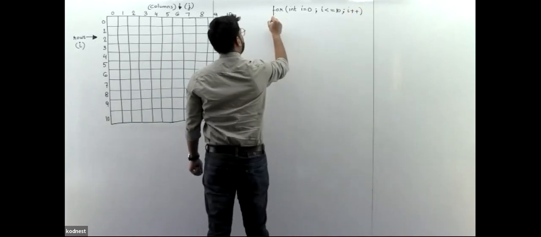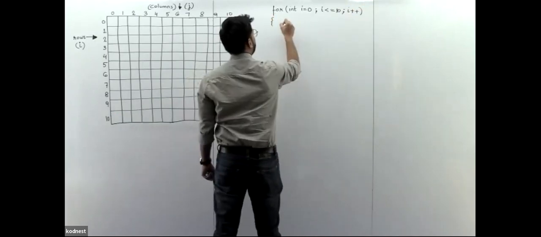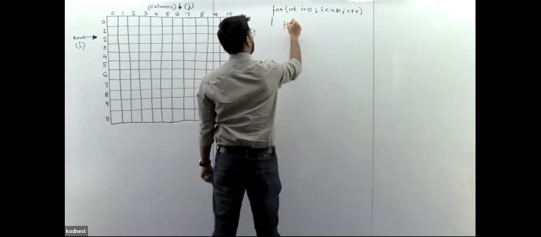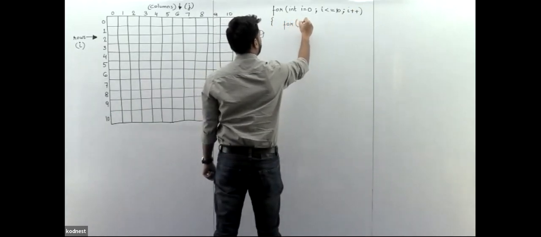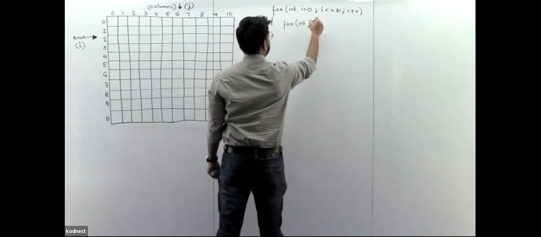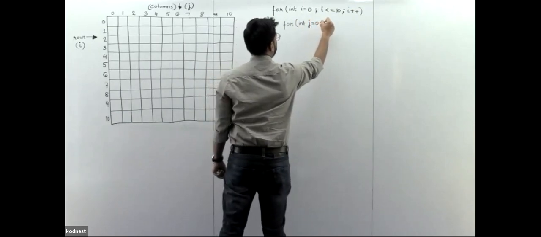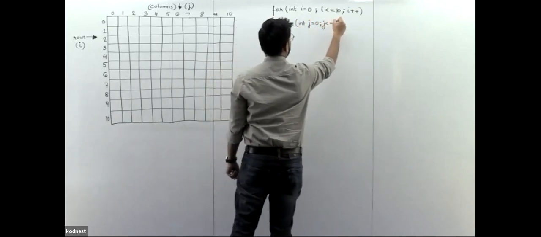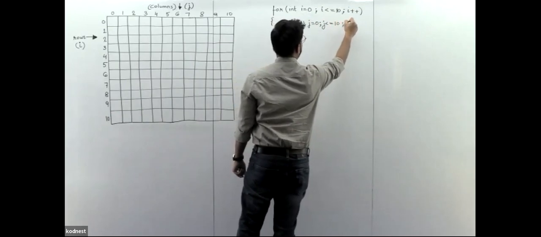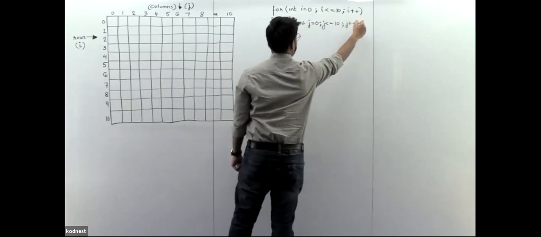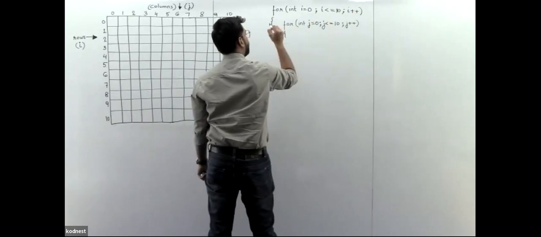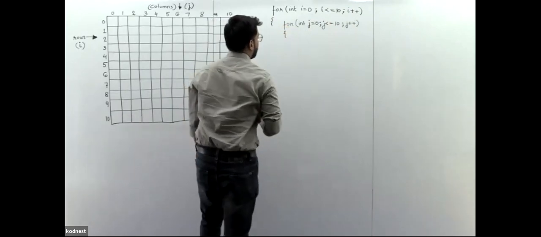This is the opening of the for loop. Here I will write one more for loop, for int j equals to 0, j less than or equal to 10, j plus plus. This is the opening of this for loop.